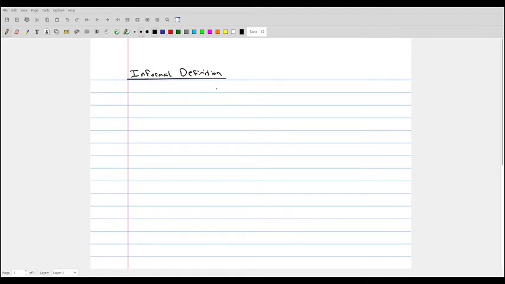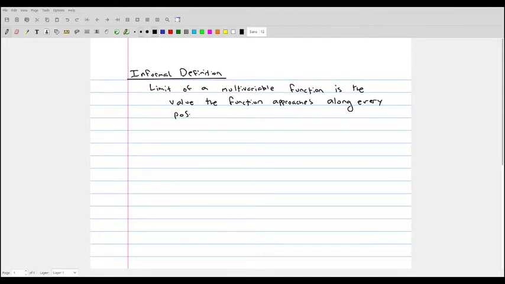The idea is that the limit of a multivariable function is the value the function approaches from every direction, or along every possible path of approach.